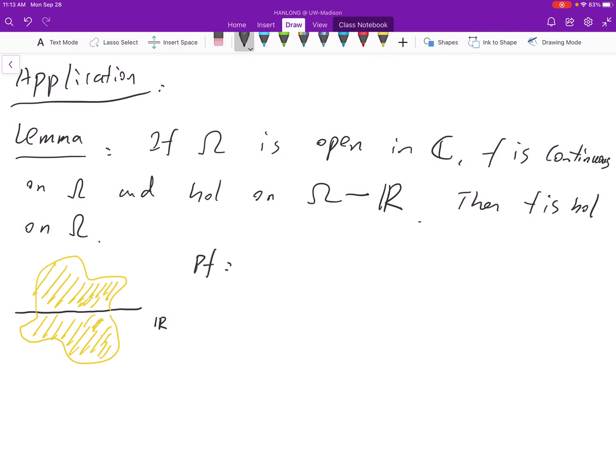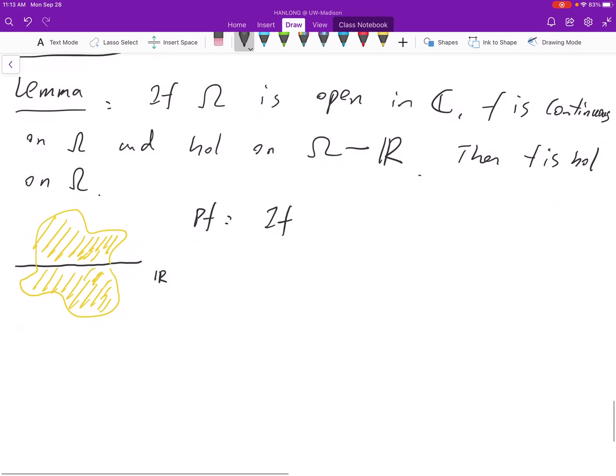But now we want to test the holomorphicity on the real number line. It's hard to apply the first and second definitions of holomorphic functions because you don't know the smoothness at all along the real number line.